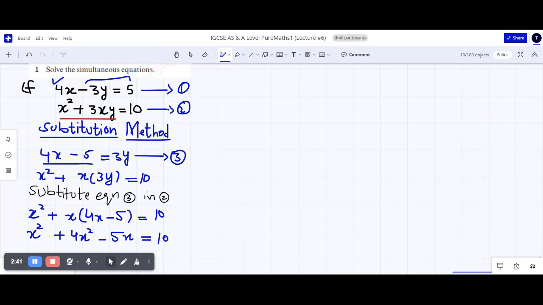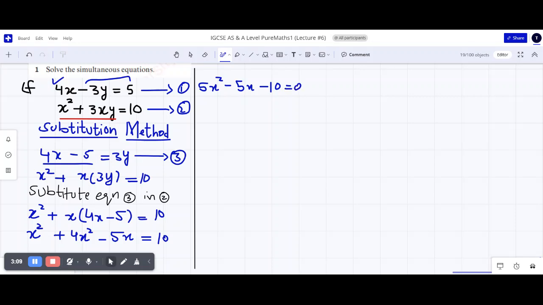It's not always necessary to find the variable; we can also find it with the coefficient if the same situation is in the other equation. So now let's solve it here. For x squared plus 4x squared, it would be 5x squared, then minus 5x. The 10 we shift to the other side, so it is minus 10 equals 0.